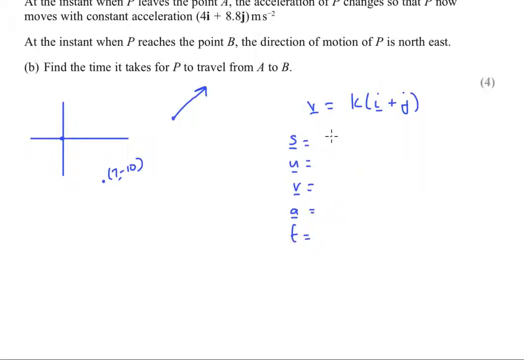Okay, so it's SUVAT still because it's a constant acceleration. So the constant acceleration is now 4i plus 8.8j. And we know that the final velocity, we're looking for a time, we know the final velocity will be of some of this form.